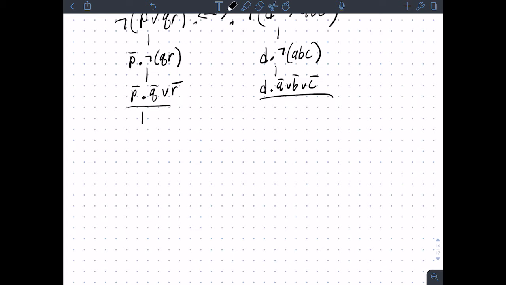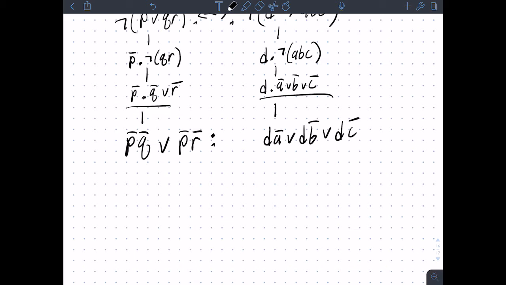So this will turn into not P, not Q, or wait, yeah, that's right. Not R. Right, so that's how we would distribute there. Similarly on this side, we get D and not A, or D and not B, or D and not C, right? And then the whole thing's connected with a biconditional arrow.